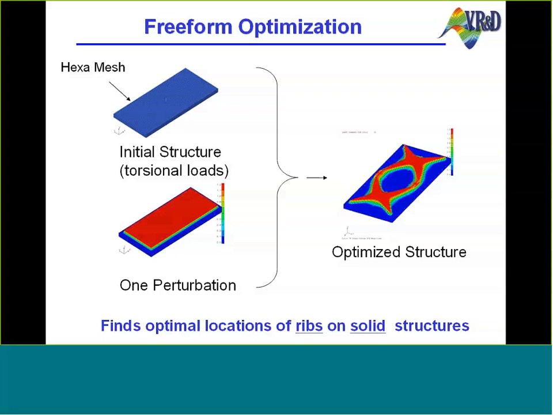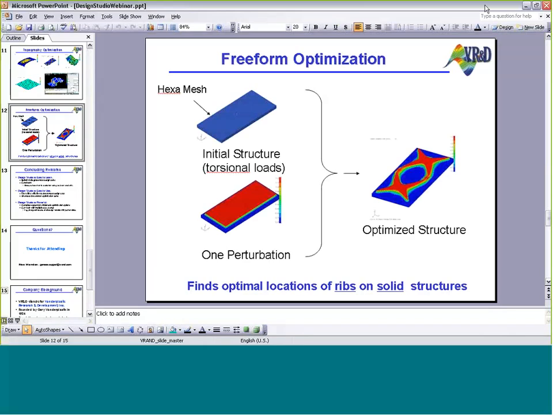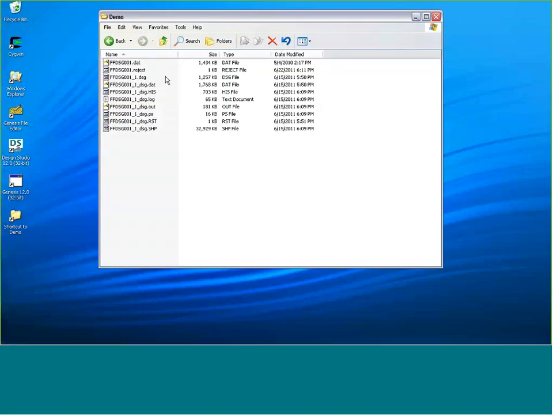We're going to take all of those perturbations and split it so that every single perturbation gets assigned its own independent design variable. So in a sense, freeform is to shape what topometry is to sizing. Let's jump to Design Studio and look at the freeform problem.